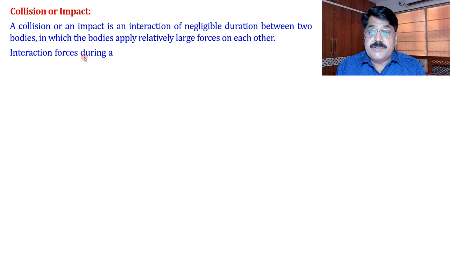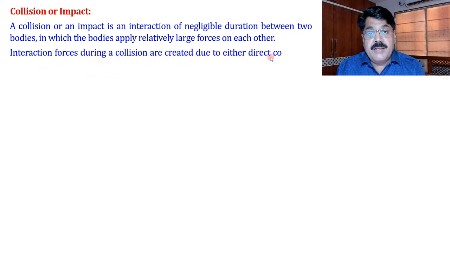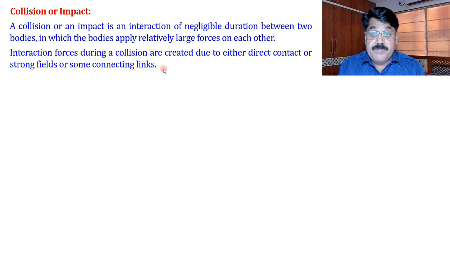Interaction forces during a collision are created due to either direct contact, strong fields, or some connecting links. If the interaction forces are created by direct contact, the bodies undergoing collision make contact. If the interaction forces are created by strong fields or some connecting links, the bodies undergoing collision will not make contact.